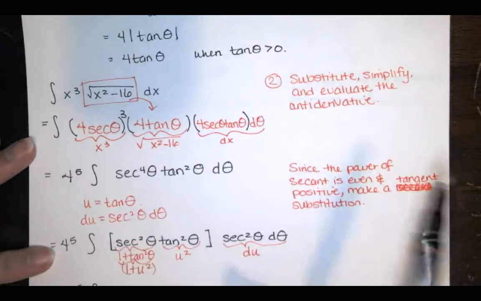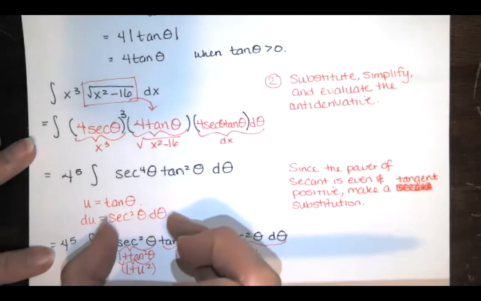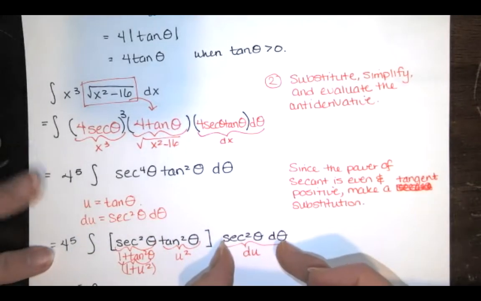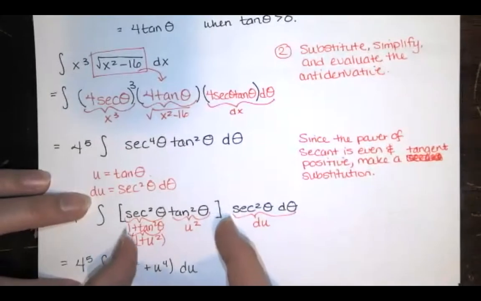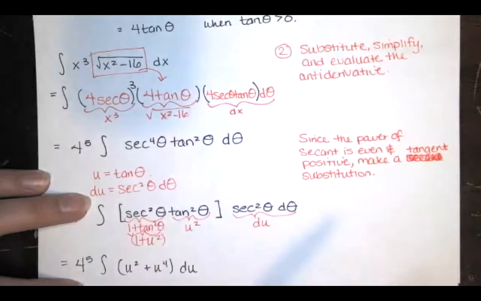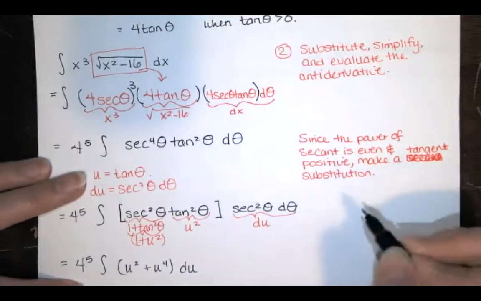Then compute du. Then you want to save that secant squared theta d theta for du. And then you need to write everything else that's left entirely in terms of u equals tangent of theta.